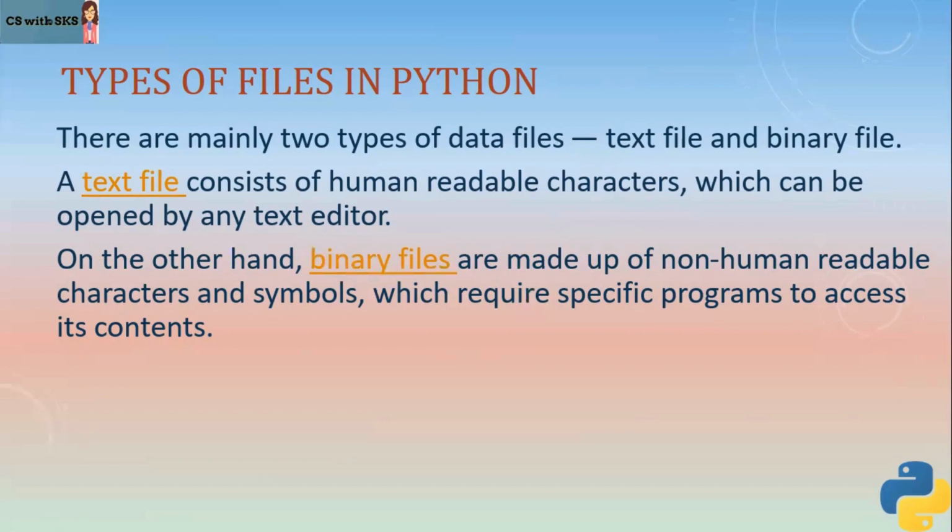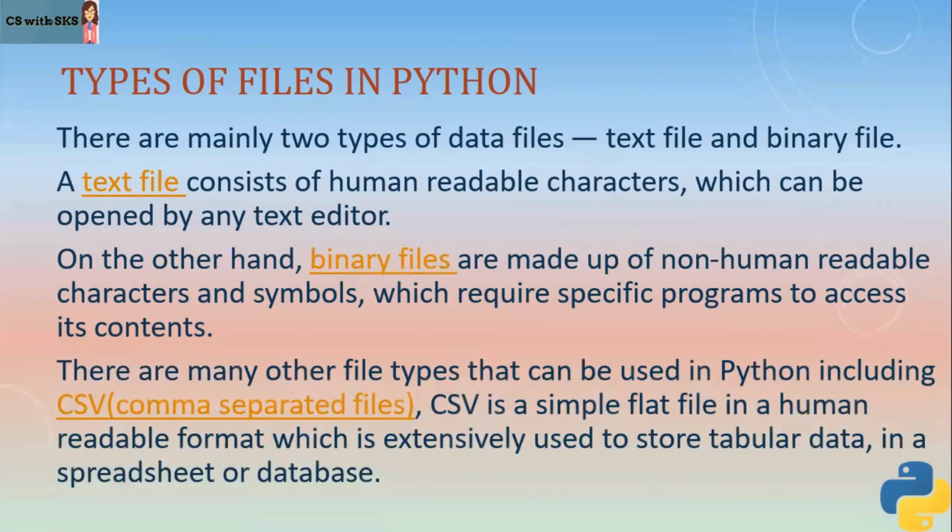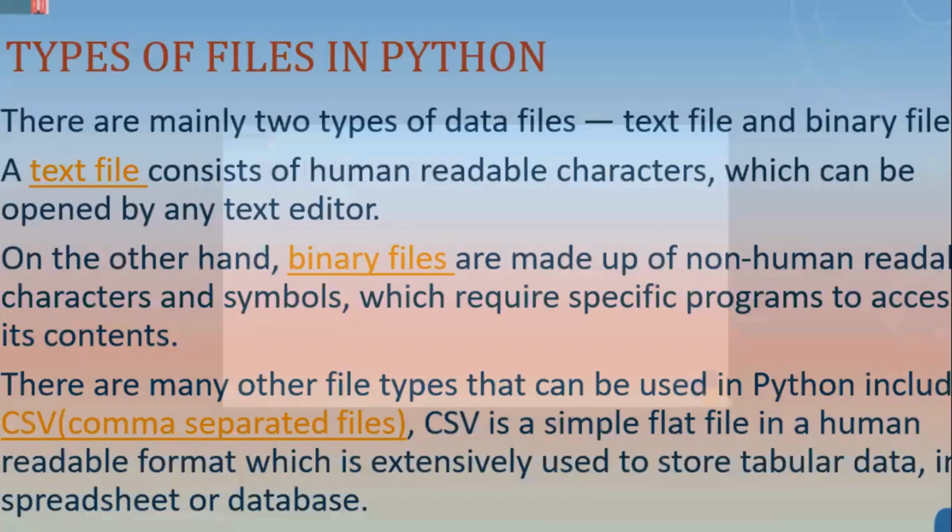However, a machine can understand that, right? There are many other files that we can create or use in Python, including CSV, comma separated files. These are basically flat files, used to store tabular data, for example, data that you keep in spreadsheets or in databases. When we deal with that type of data, we use CSV files, right?